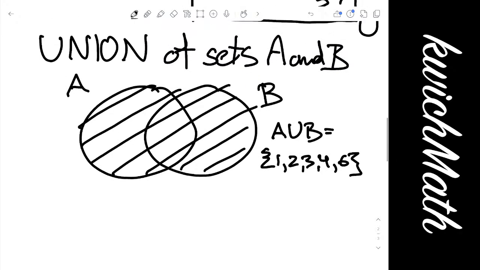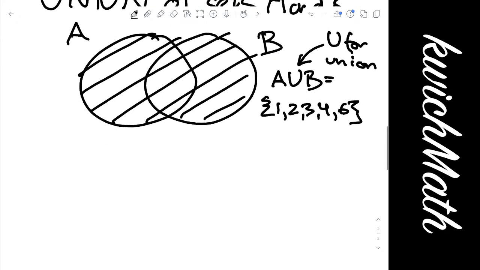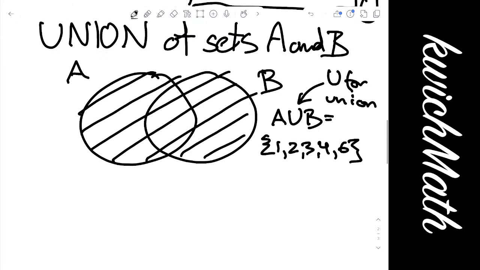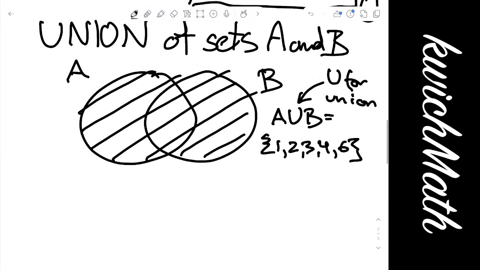And the way to remember this U sign is because it's U for union. So that's how I remember that. We can also express this in a way that's very convenient for more formal situations like proofs.